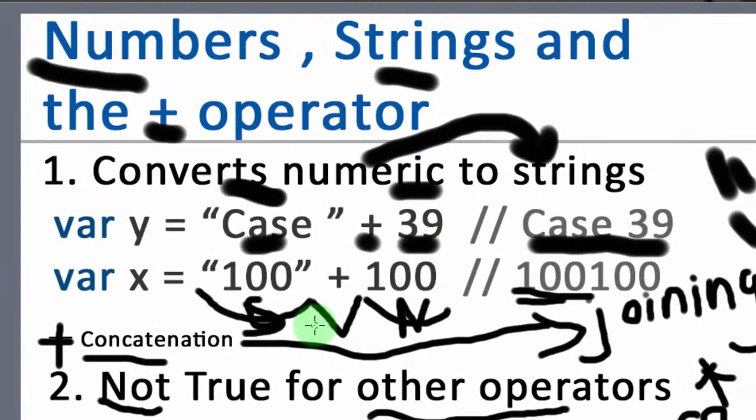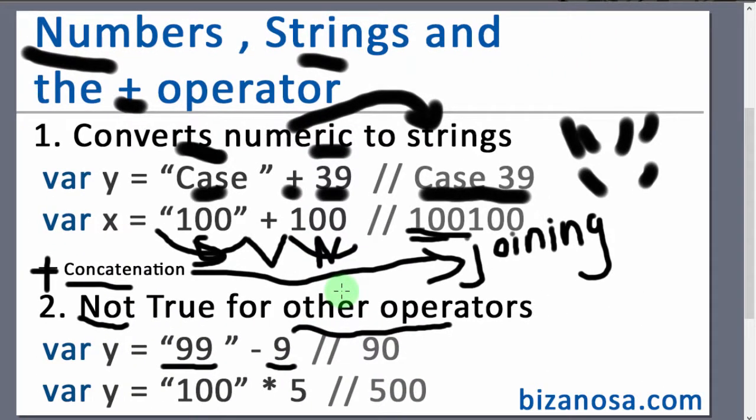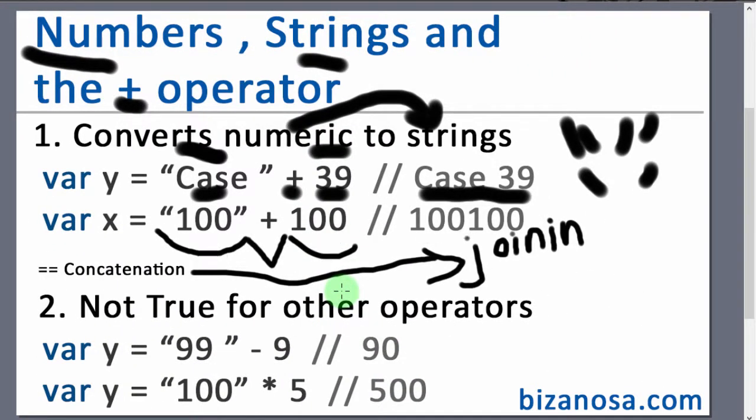So in this video, we have seen that a number plus a string will become a concatenation. However, with any other operator, the string will be converted. The interpreter will try to convert the string into a number so that it can do the operation.